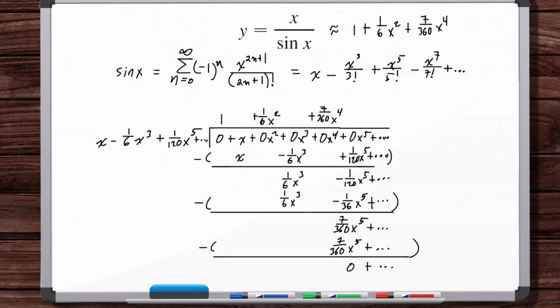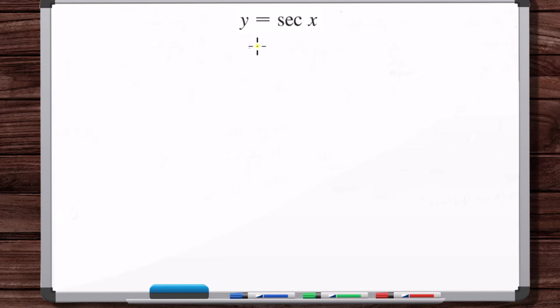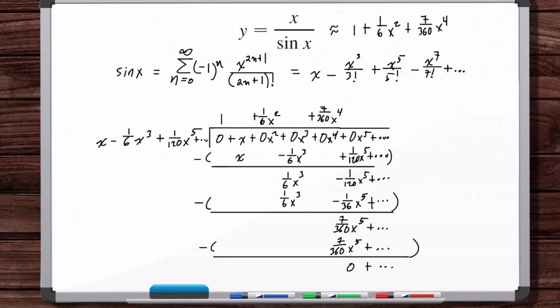You see, we could have done this problem first, gotten a result, and then just multiplied x by that. In fact, if we divide, we should end up with 1 over x plus 1/6 x plus 7 over 360 x cubed, something like that. So that'll be interesting to see what we get here.